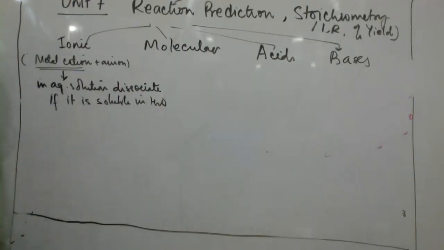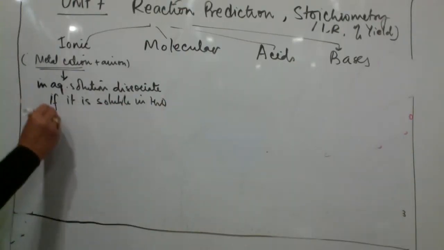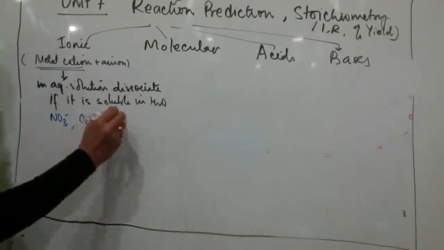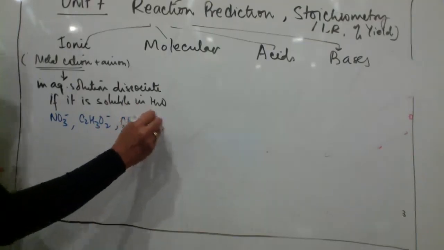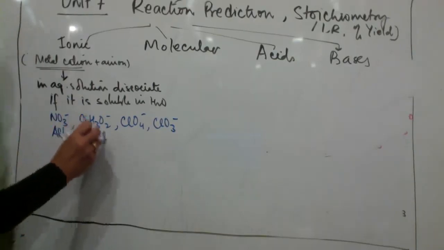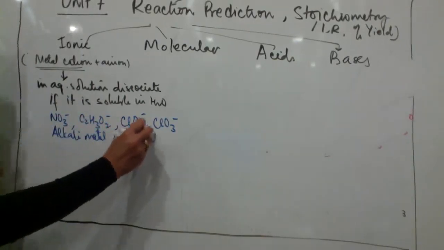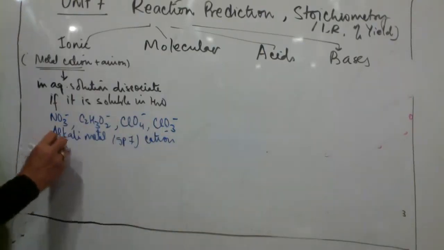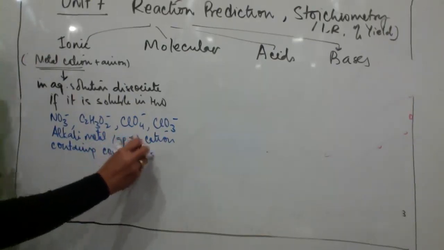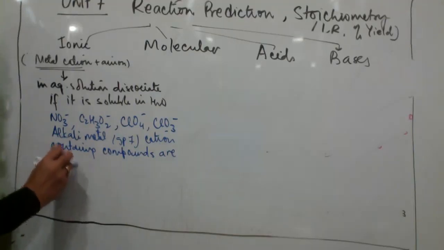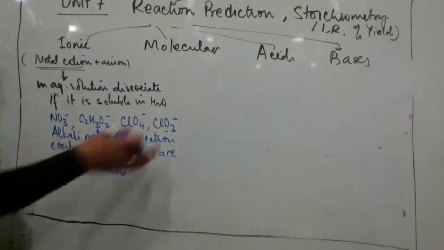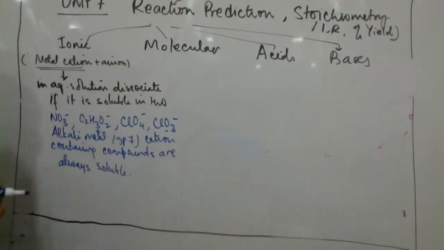And remember the always soluble list: all nitrates, all acetates, chlorates and perchlorates, and alkali metal, that is group 1, cation containing compounds are always soluble. Anything else beyond these, you can assume insolubility.